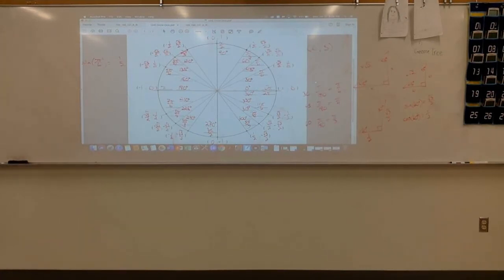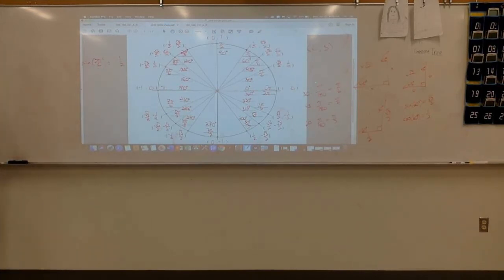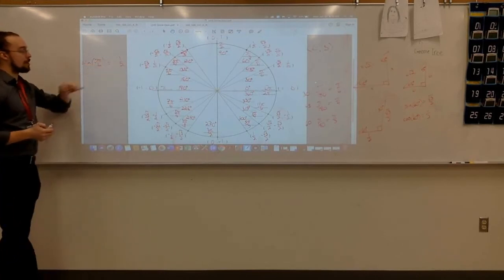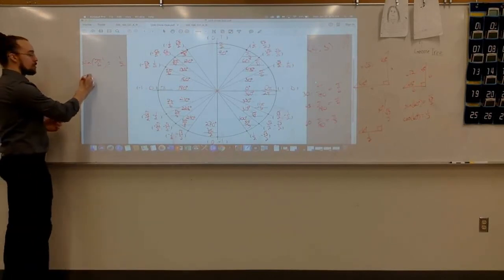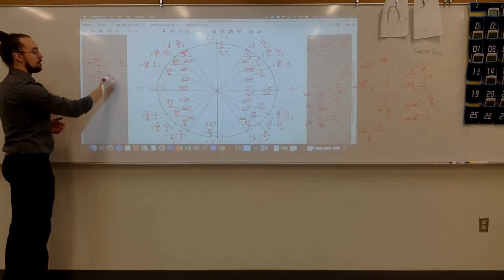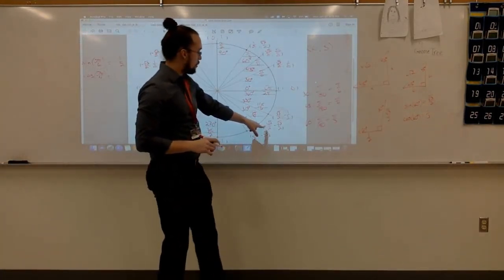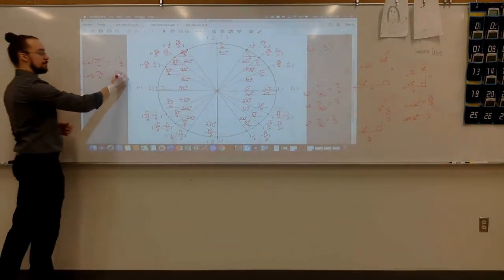Again, no matter how large that triangle is, if I know the angle is 7 pi over 6, I know the relationship between the opposite side and the hypotenuse is going to be this ratio. I could say the cosine of 7 pi over 4. If I go to 7 pi over 4, the x value, the cosine, is square root of 2 over 2.